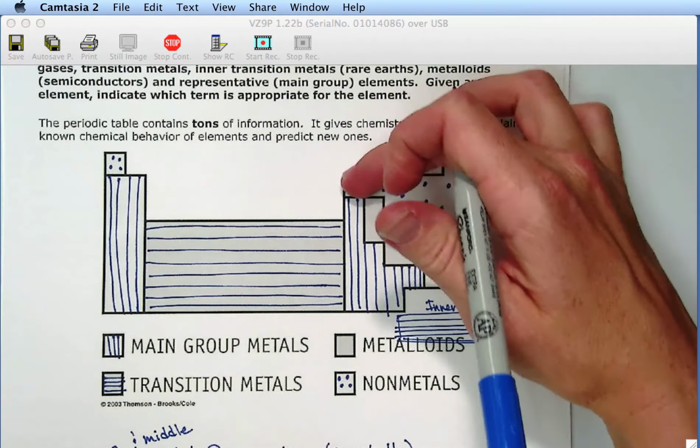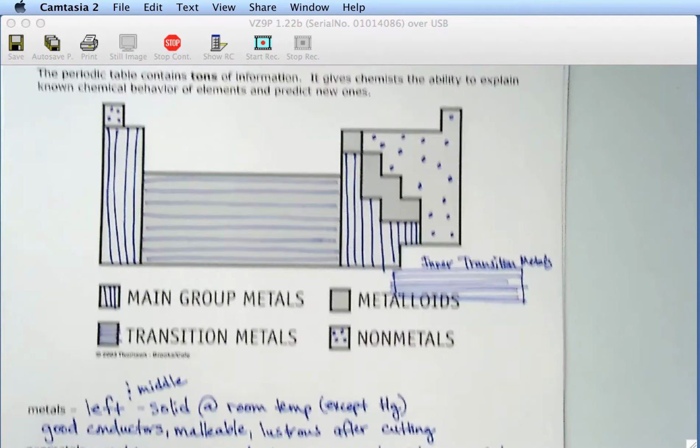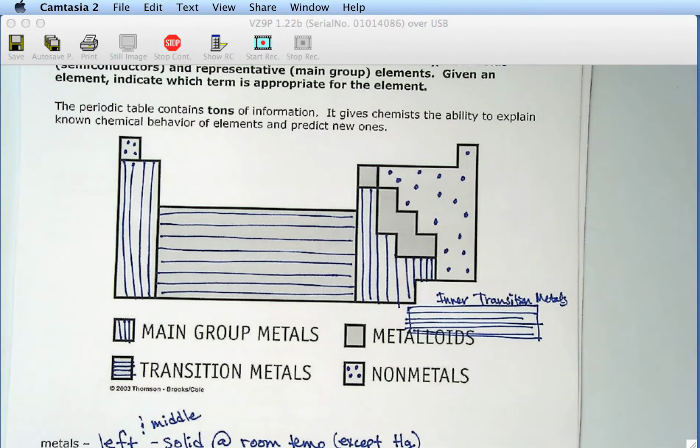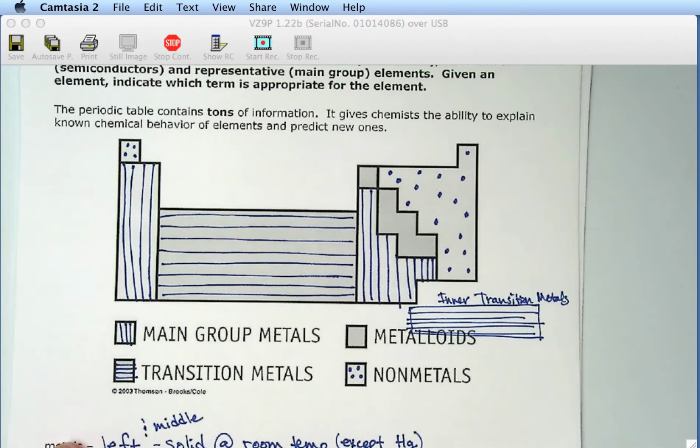So I'll just leave this one the way it is. So this is something you need to know, the different properties. And we're going to go more specifically into the groups on the periodic table.